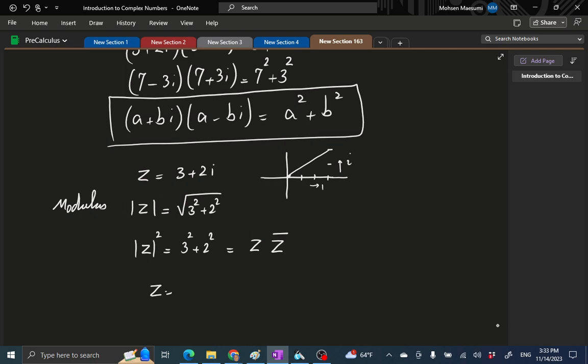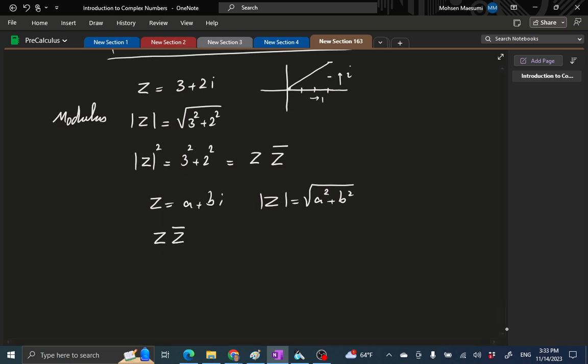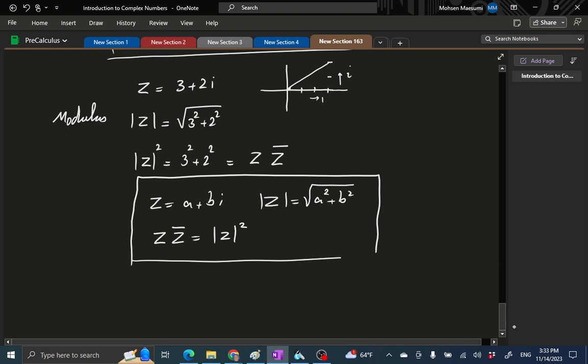If z is equal to a plus bi, then the modulus of that is square root of sum of squares, and then we have the following: z times z bar is the same as absolute value of z squared. So let's put that in a box as well as an important item to remember.